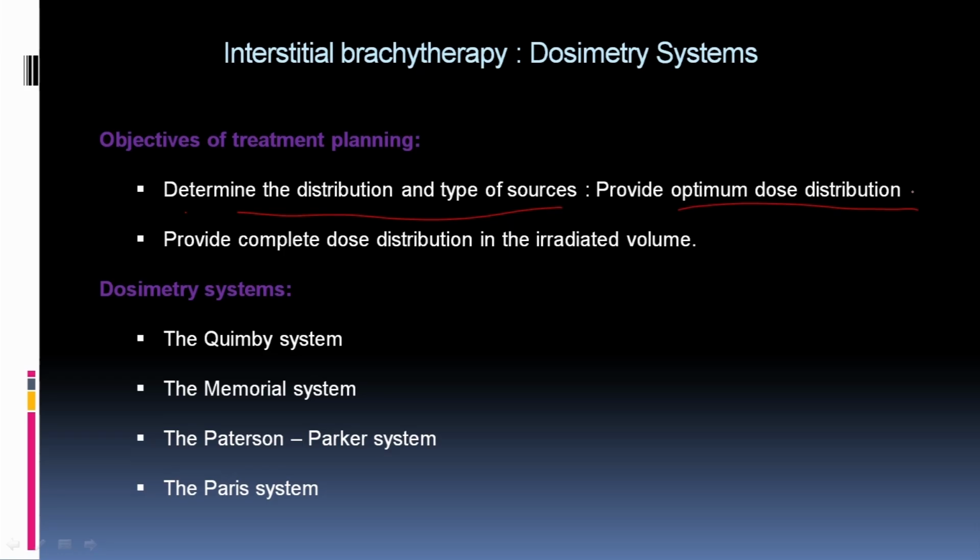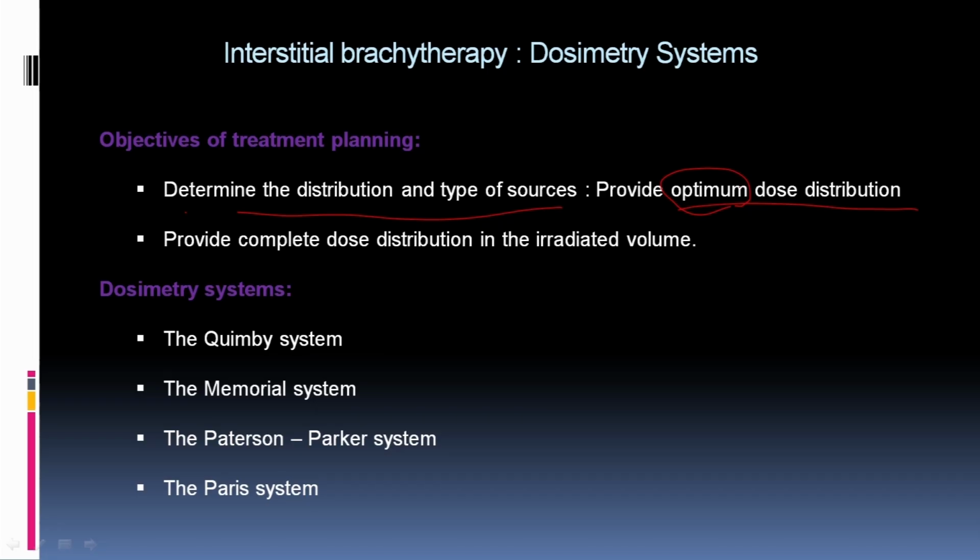Here we have judiciously used the term optimum, because there are some benefits and some complications of radiation applications. So, we need to justify our dose distribution. The dose distribution should be directed towards the cure of the cancer patients.